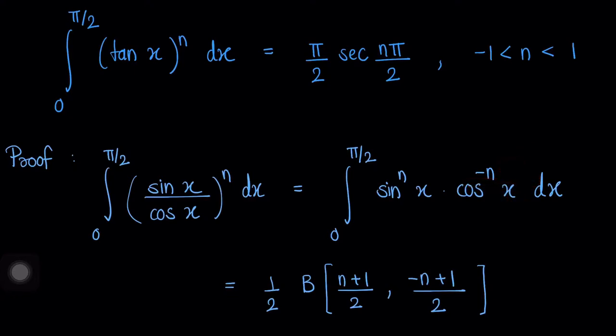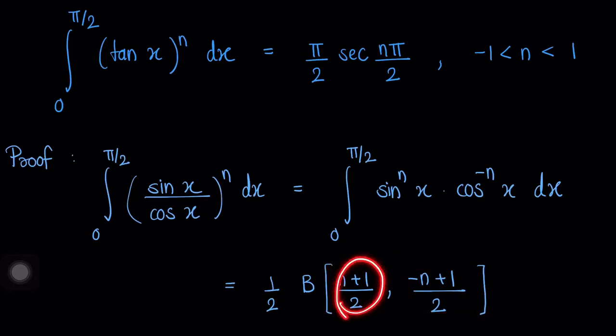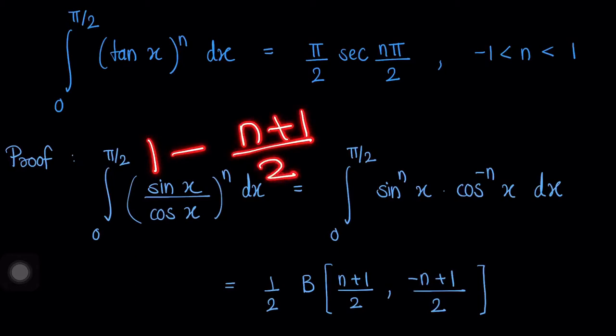Now using the relation between beta and gamma, this can be written as gamma of n plus 1 by 2 into gamma of minus n plus 1 by 2 divided by gamma of n plus 1 by 2 plus minus n plus 1 by 2. Okay, now this minus n plus 1 divided by 2, this we can write as 1 minus n plus 1 divided by 2.